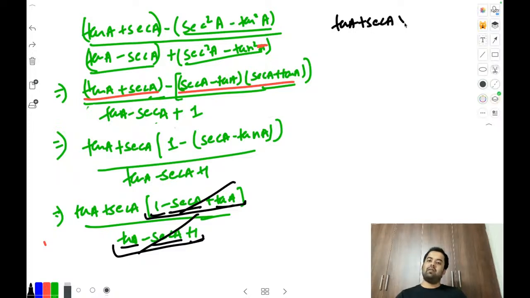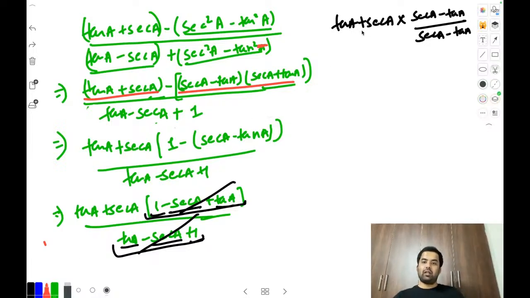And what we did, we multiplied up and down by sec A minus tan A. So in the upper part, you get the pattern A plus B, A minus B. This will become tan square A minus sec square A, I mean, sorry, sec square A minus tan square A, I just kept it opposite.